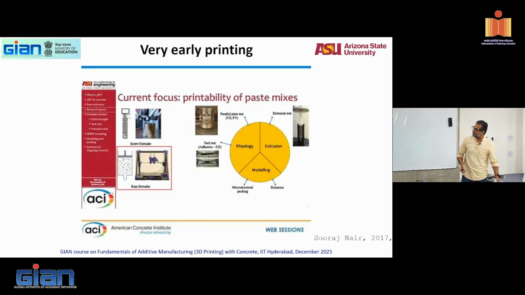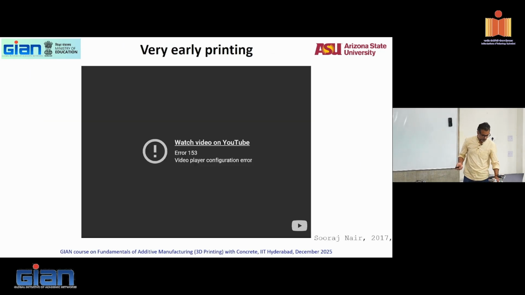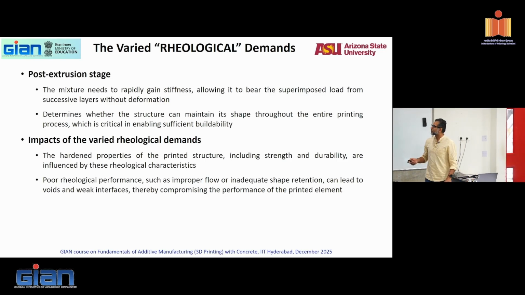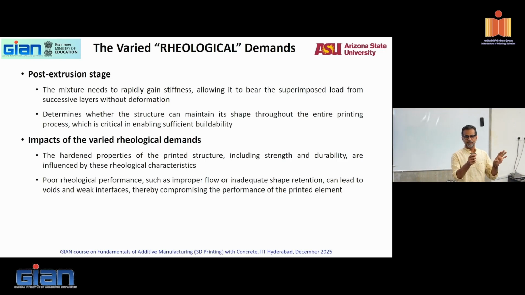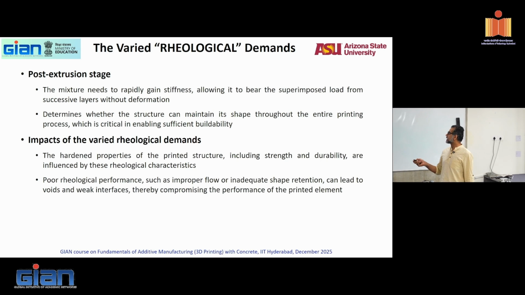So, and post extrusion, that video also doesn't work. Right, post extrusion. Before extrusion, whatever yield stress and plastic viscosity. Post extrusion, once it's extruded, you want the mix to rapidly gain stiffness, allowing it to support the superimposed loads. That determines whether the structure can maintain its shape throughout the entire printing process.